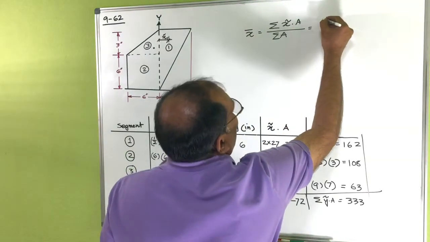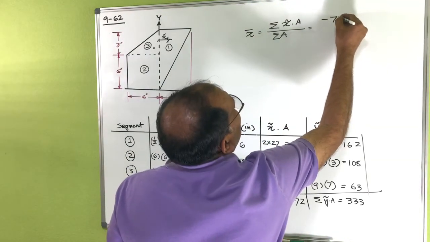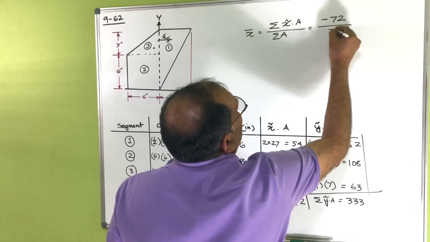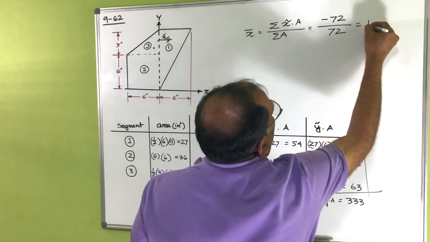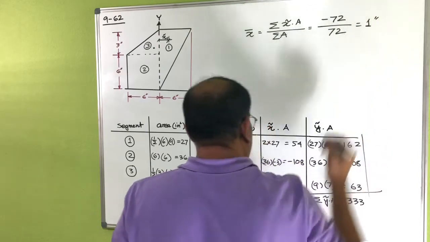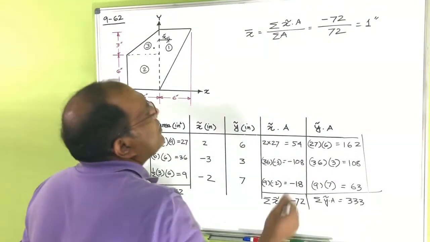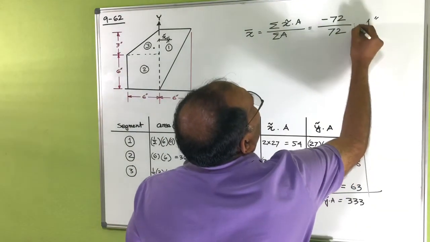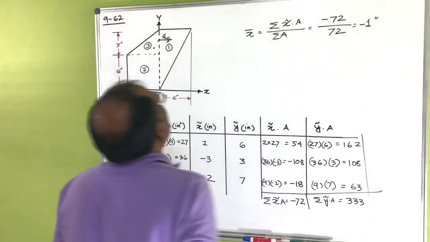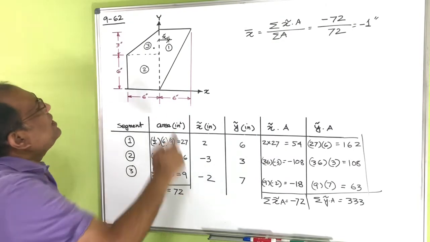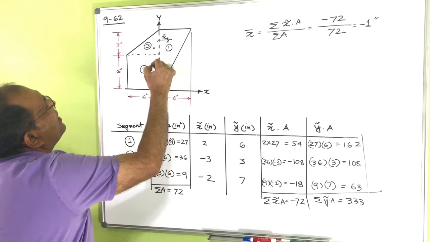So that's actually minus 72 divided by 72. That's actually -1. Okay, the centroid of the composite has to be somewhere here.